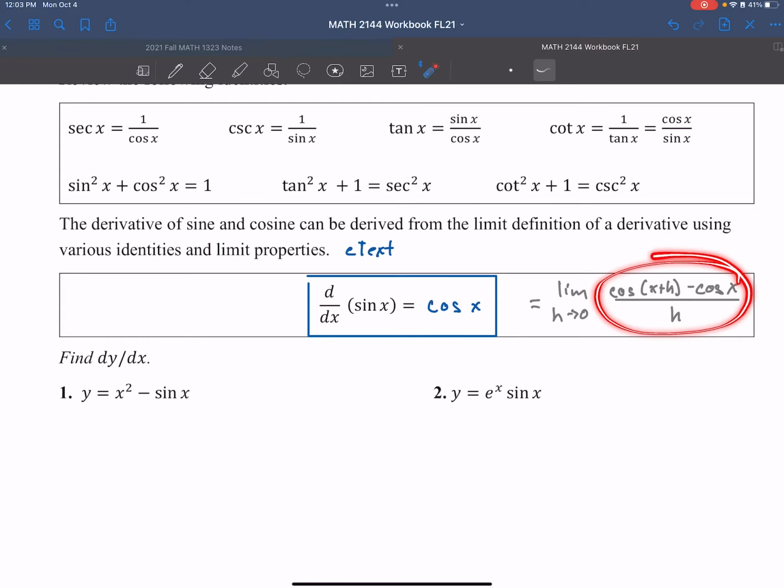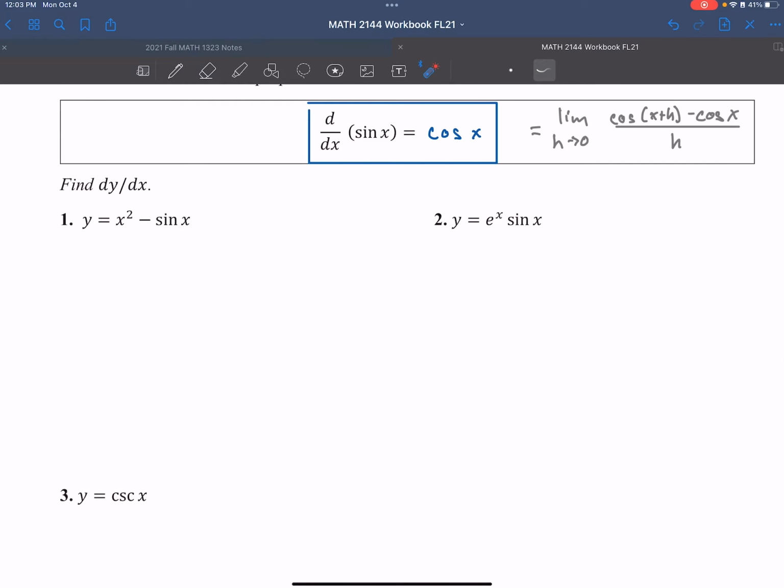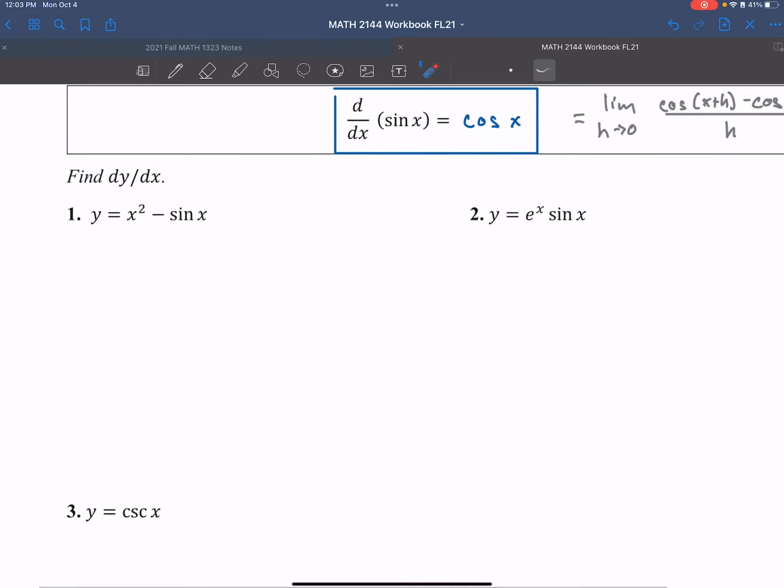So it's really reasonable, but again, the main focus of this lesson is the rules. If you would like to see the derivation, you could consider the e-text.